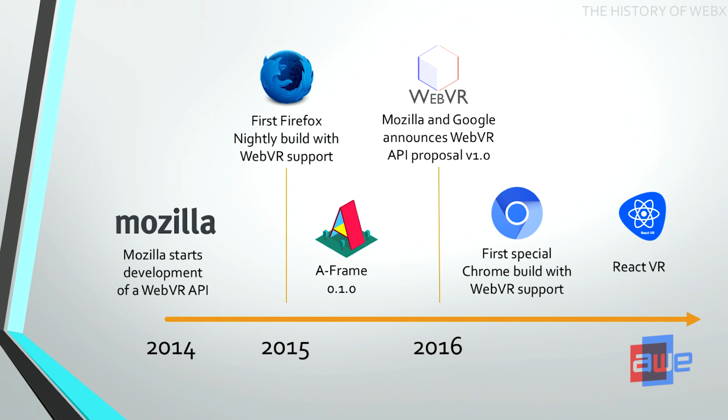Later that year, they also released a super cool WebVR library called A-Frame, and I'm going to talk a bit more about that. Then in 2016, Mozilla and Google together announced the first WebVR proposal. And shortly thereafter, Google released their first special Chrome build, also with WebVR support. Facebook then went on to release another WebVR library called ReactVR.